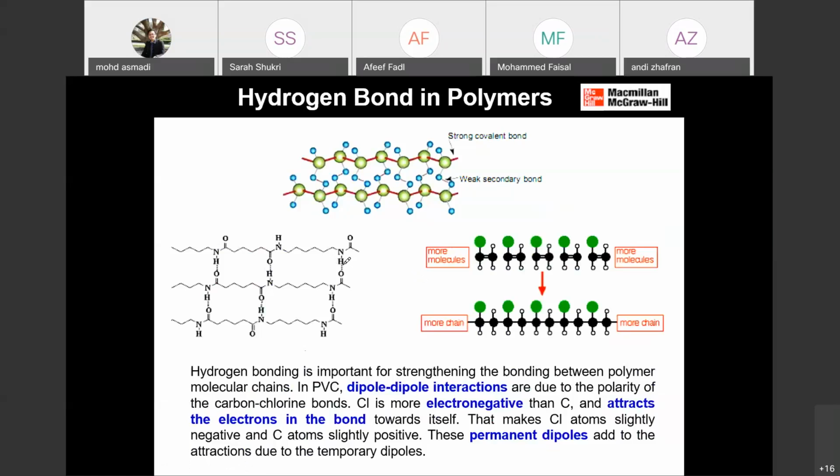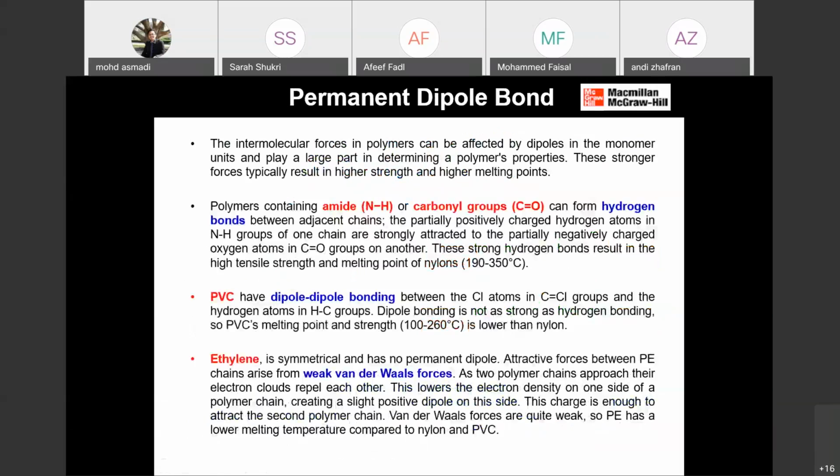Another type is PVC, with dipole-dipole interaction. Cl is more electronegative than C. This is what we call permanent dipoles. A polymer containing amide, NH or carbonyl groups can form hydrogen bonds. PVC has dipole-dipole bonding between Cl atoms in the C-Cl groups and the hydrogen atoms, because they have Cl, right?